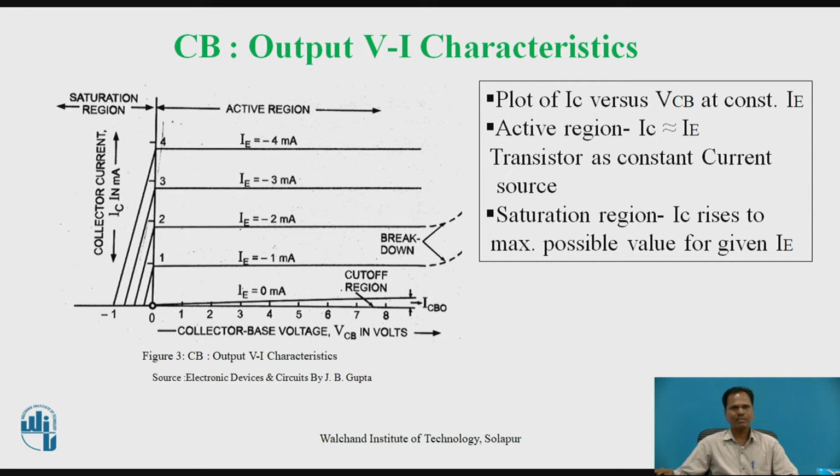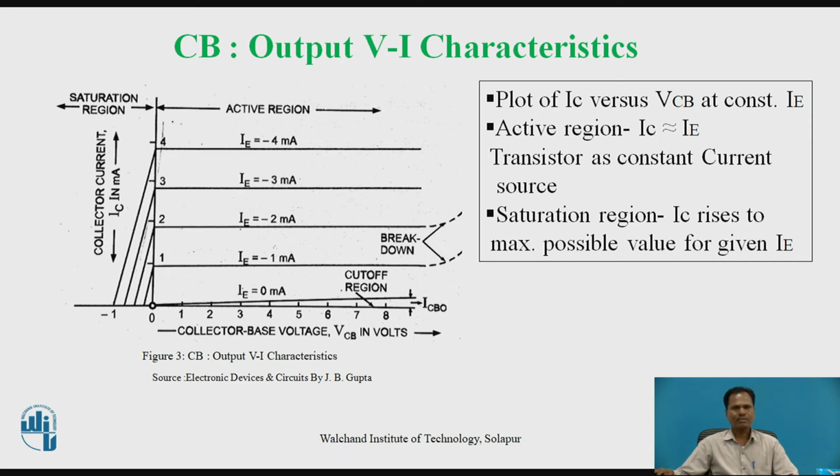In the saturation region, when the collector to base voltage is reduced to about 0 volt, the collector base junction remains forward biased, as well as the emitter base junction, which is already forward biased. So both the junctions of the transistor are forward biased, the voltage drop across the collector base junction is minimum, and IC rises to the maximum possible saturation value for the given value of input emitter current IE.